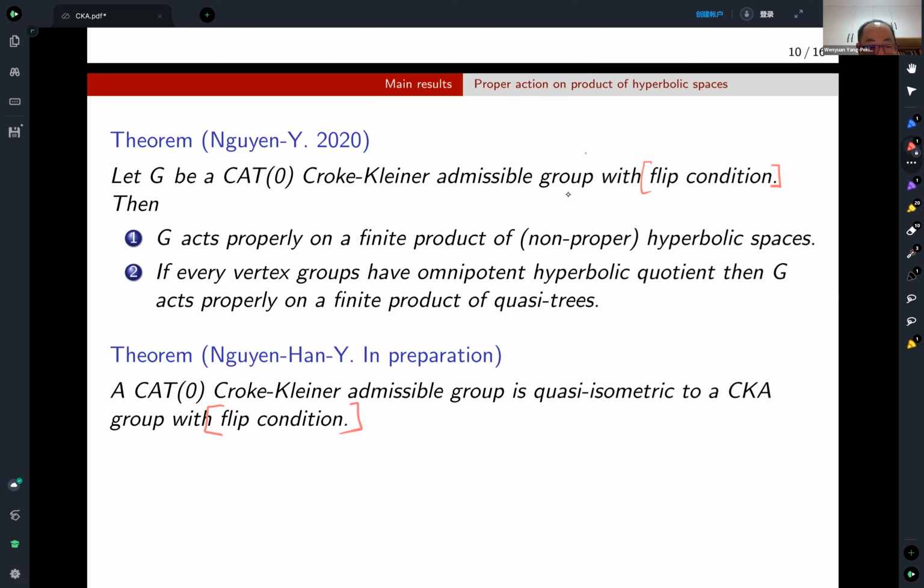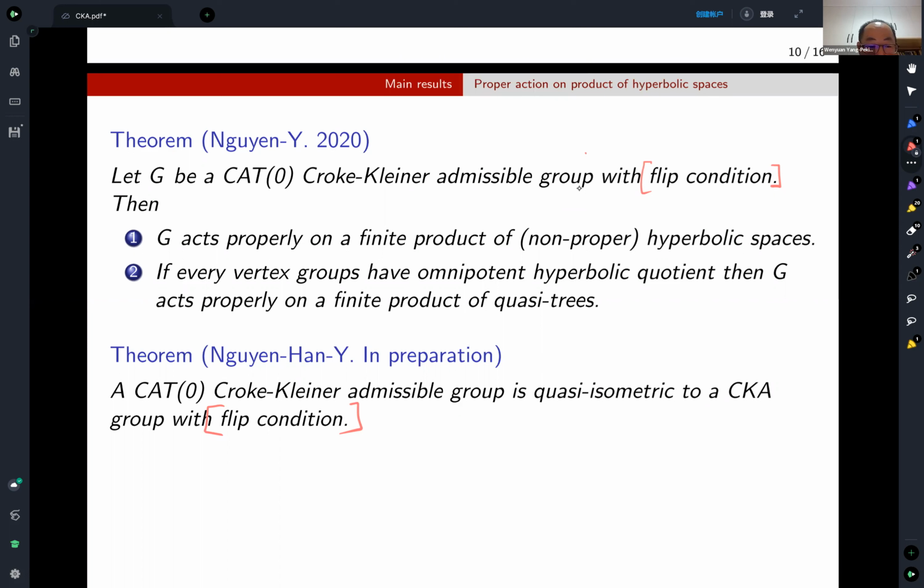But in general, if you consider a general Croke-Kleiner admissible group, it might not satisfy the flip condition. But in other ways, you can always construct a quasi-isometry between a general CK group and a CK group with a flip condition.